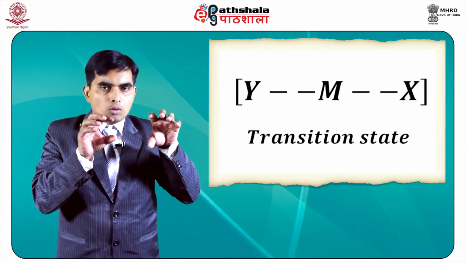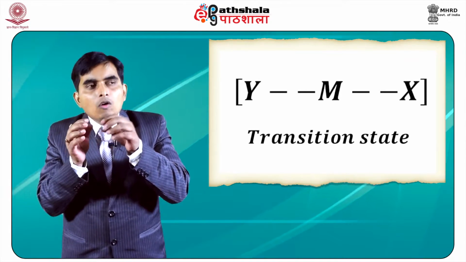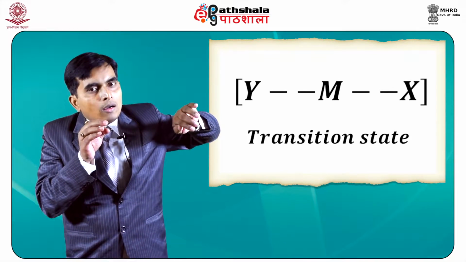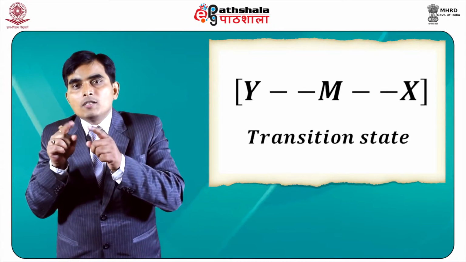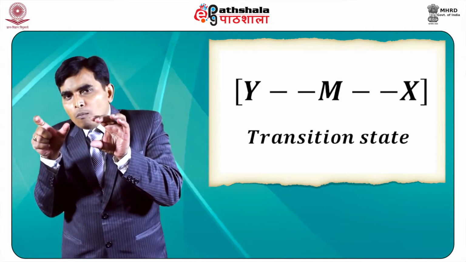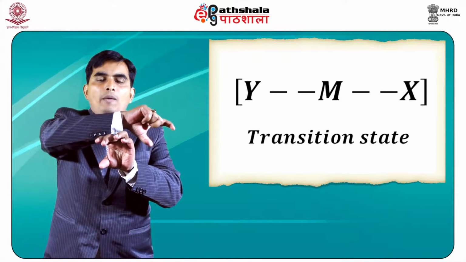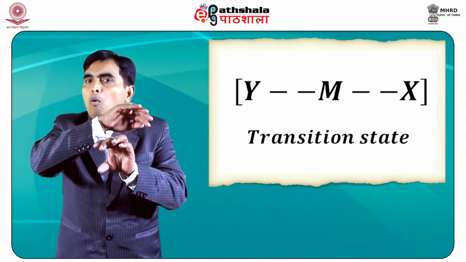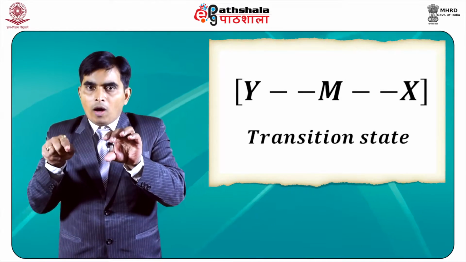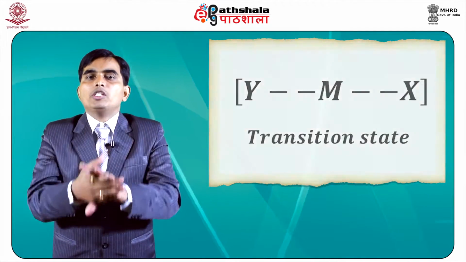So, from one end, Y- is coming closer, while at the other end, X- is moving away. A stage is reached where M has equal chances to form a bond with X- and with Y-, meaning the bond distances of M-X and M-Y are equal. This stage is called the transition stage.